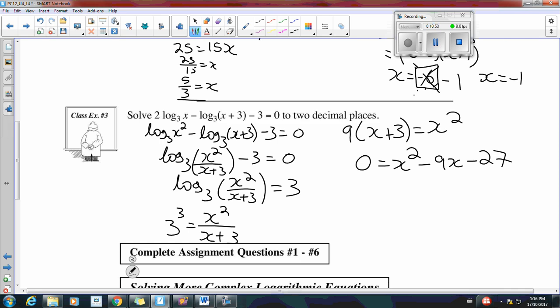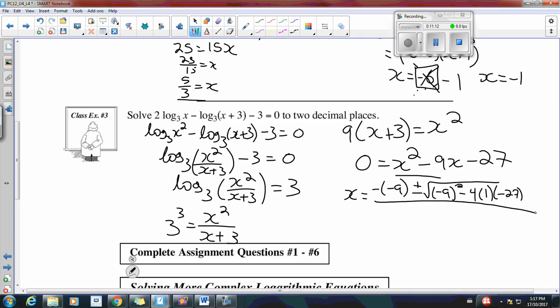Now it wants it to 2 decimal places. So now what happens is we go to the quadratic formula. This cannot be factored, so we go to the quadratic formula. And we get 2 values. We get 29.72.